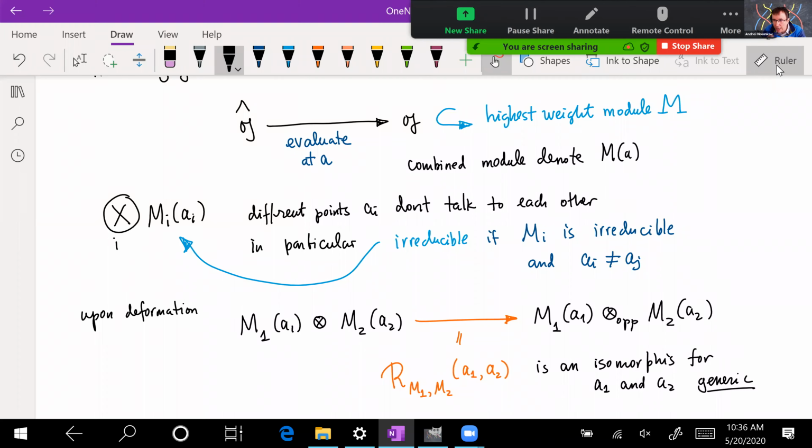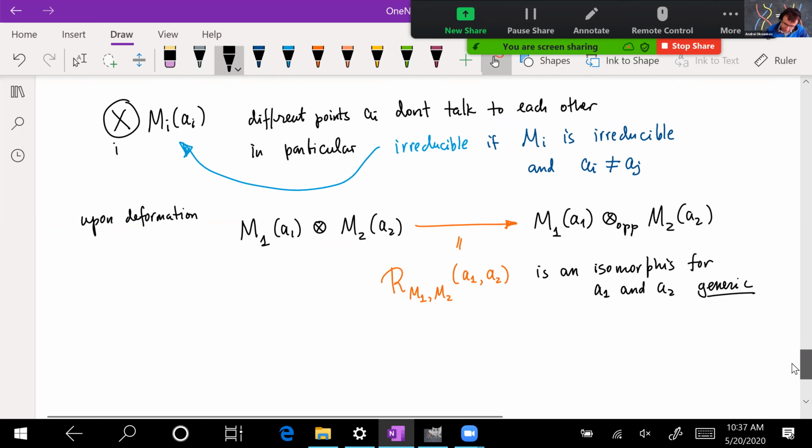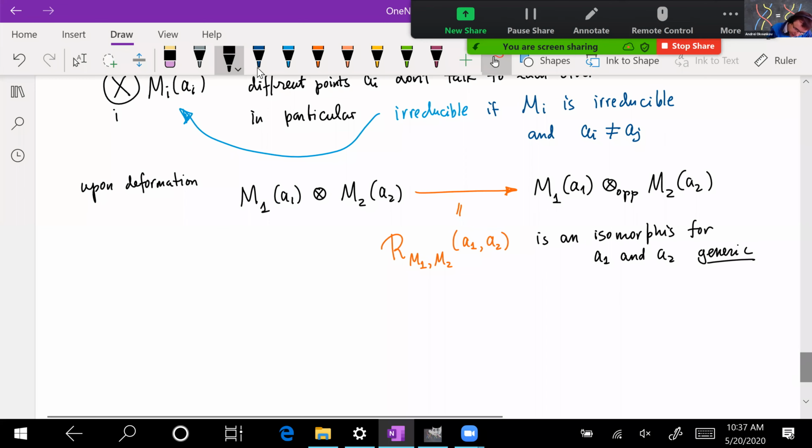If they're actually at the same point, then they have a chance to become reducible. And now that point where they become reducible might have moved. So this map may have a kernel and cokernel at some particular values of a1, a2, but otherwise it's an isomorphism. This means that this is in fact a rational matrix.